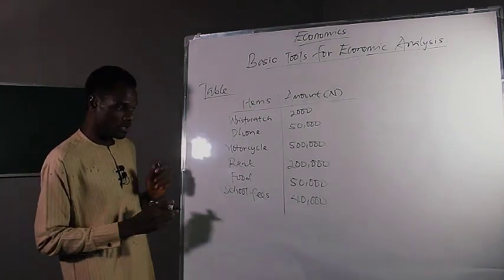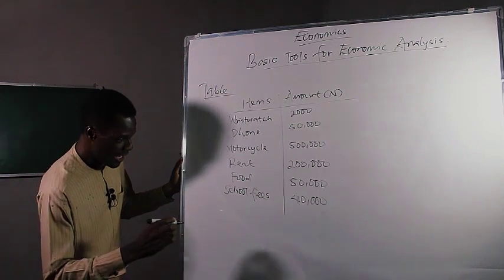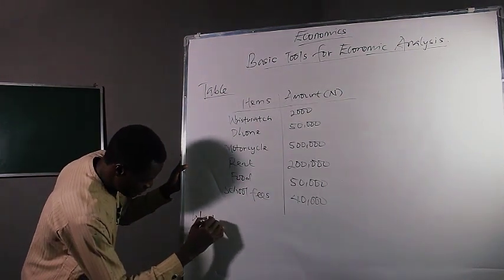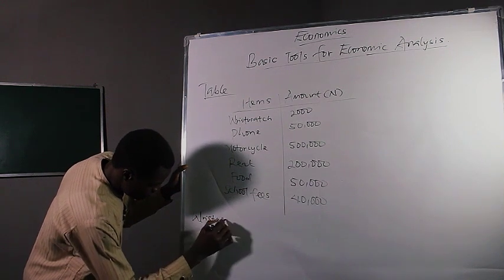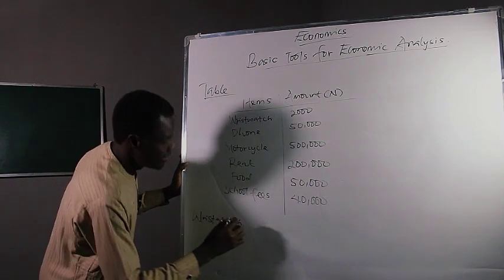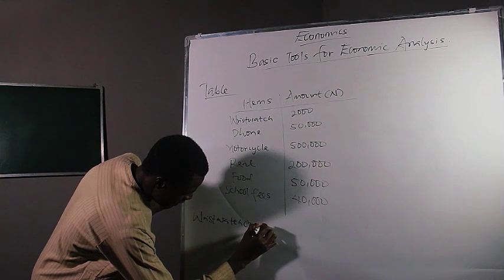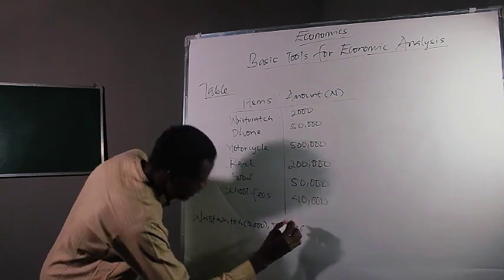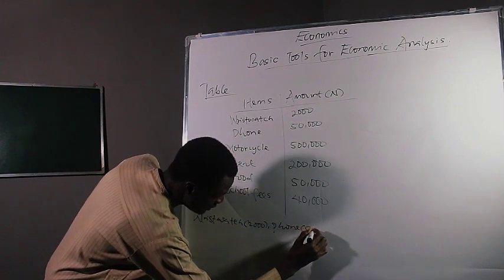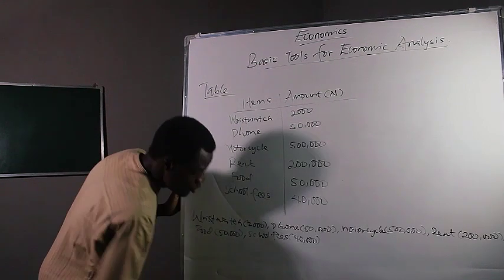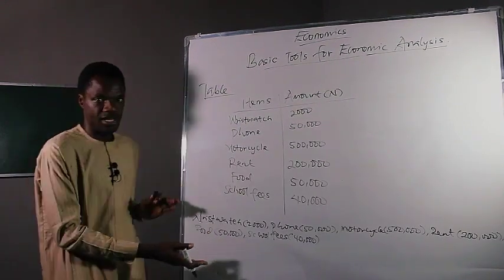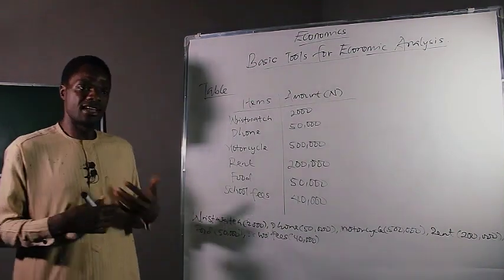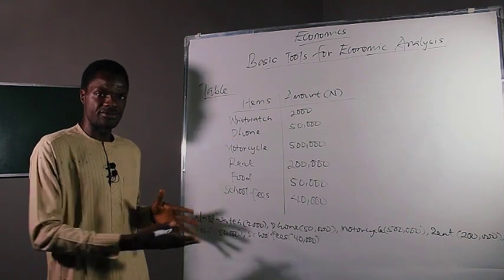For example, suppose the individual person has data, a breakdown of the data like this: wristwatch at 2,000 naira, phone at 50,000 naira. If somebody sees this breakdown of the data, they will find it difficult to understand. Maybe the person will even be asking himself, what does this information mean?